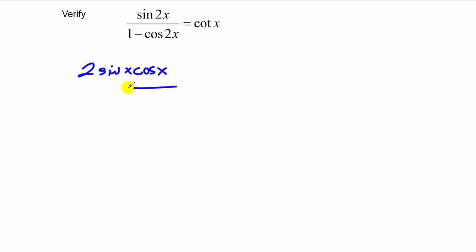So in order to do that, I'm going to try to get nothing but sines down on the bottom. So I'm going to use the identity that contains only sines in it for the cosine of 2x. Remember, I have 3 to choose from. This is 1 minus 2 sine squared of x, over 2 sine cosine.